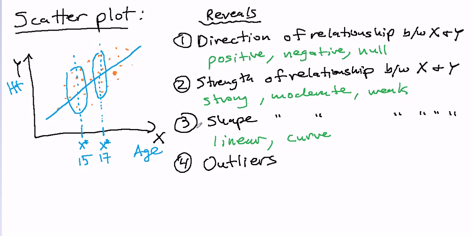We're trying to learn the pattern, the flow of the points, and from what we learn, we can use that information to make predictions and estimations about the y variable from the x variable. But don't confuse that with being able to determine the y variable from the x variable.